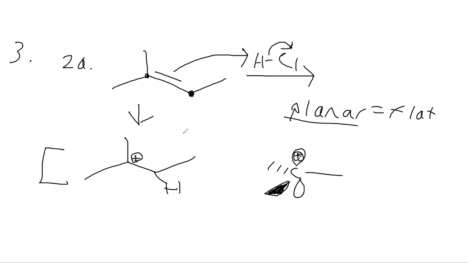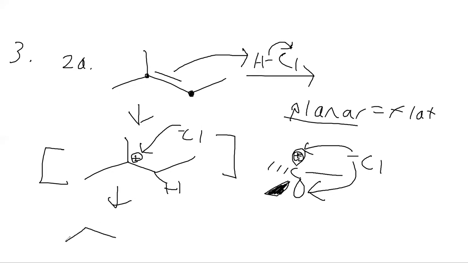So when that chlorine comes in to attack that cation, it could do that from the top or from the bottom, and it doesn't really care because it's a flat molecule. It could just as easily do it from the top or the bottom. So when this happens, you'd get some of this, and you'd get some of this.